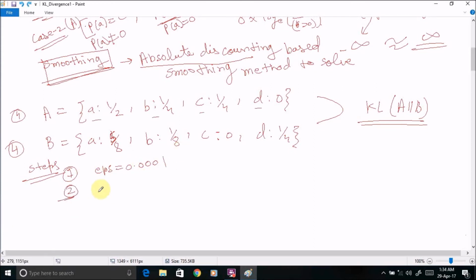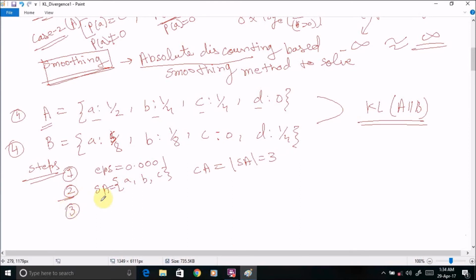Now take the non-zero elements from the probability distribution A, which are A, B and C. Now take a count of events having non-zero probability score, which is equal to 3.